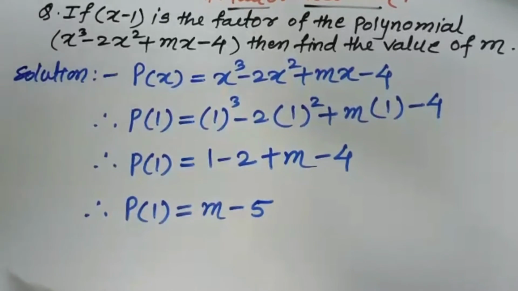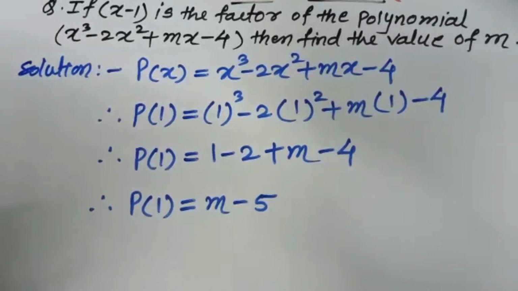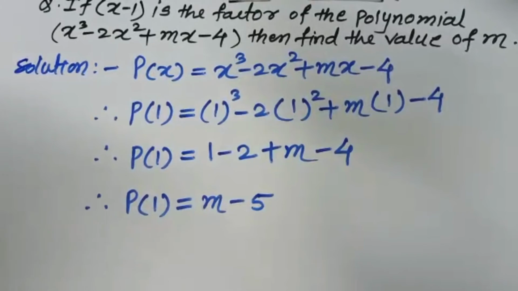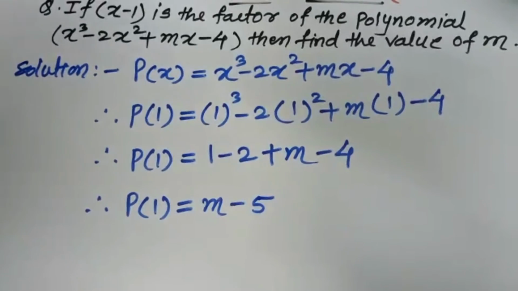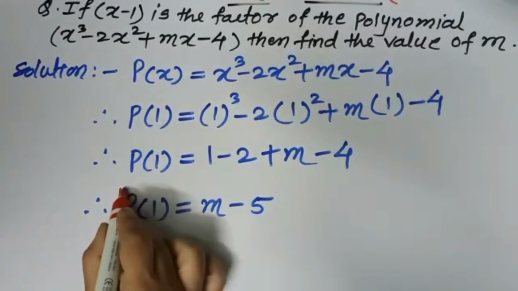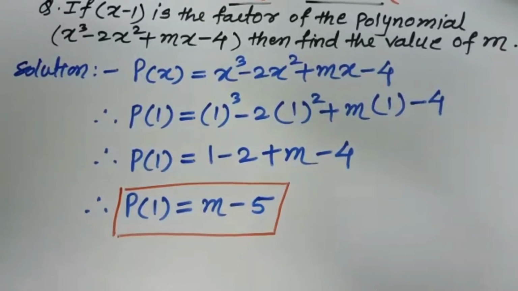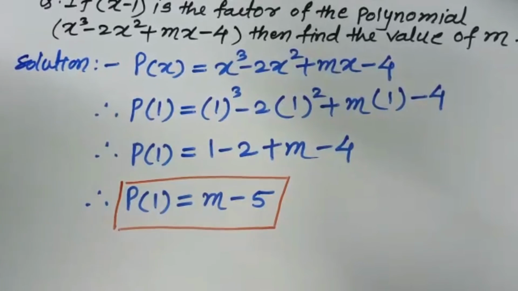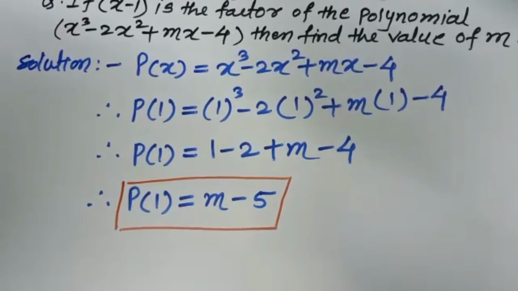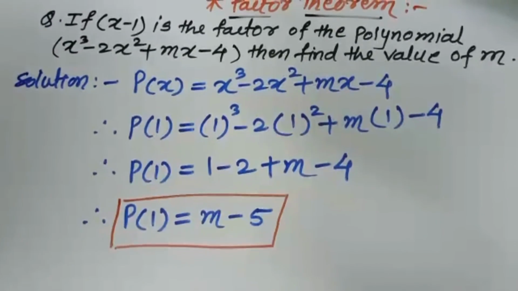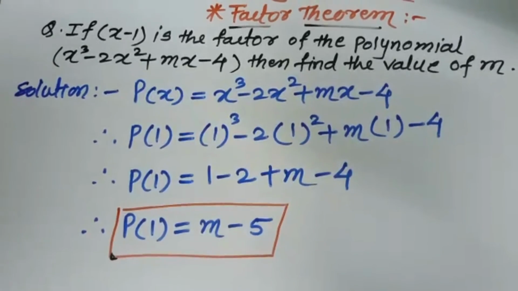So it is the value of the remainder, that is the value of the polynomial after putting x equal to 1. So highlight this, that p of 1, the value of the polynomial, is m minus 5. But here it is said in the question that x minus 1 is a factor of the polynomial. So the remainder must be 0.